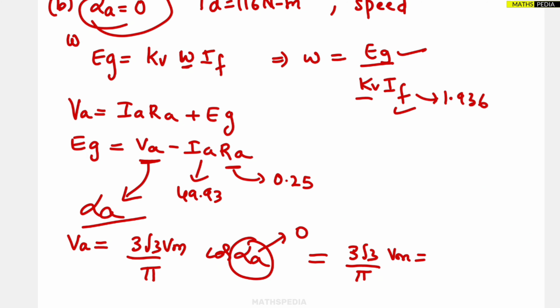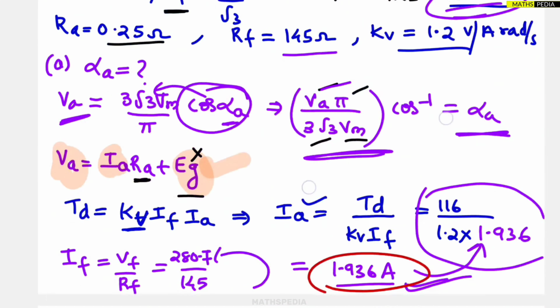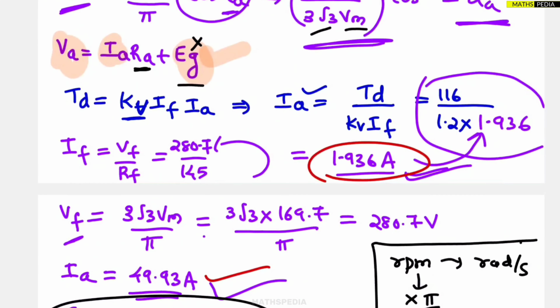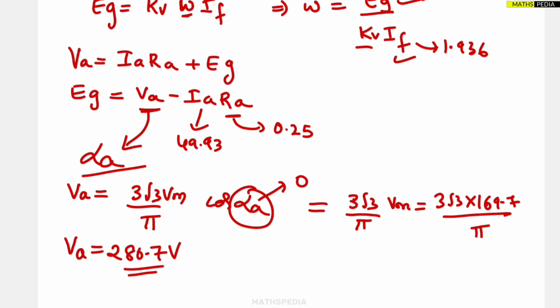VF we calculated with alpha F equal to 0, and here alpha A is equal to 0, so it will be the same answer. Vm you substitute into 3 root 3 by pi, and you get the answer 280.7, the same thing as VF we calculated in the first case.